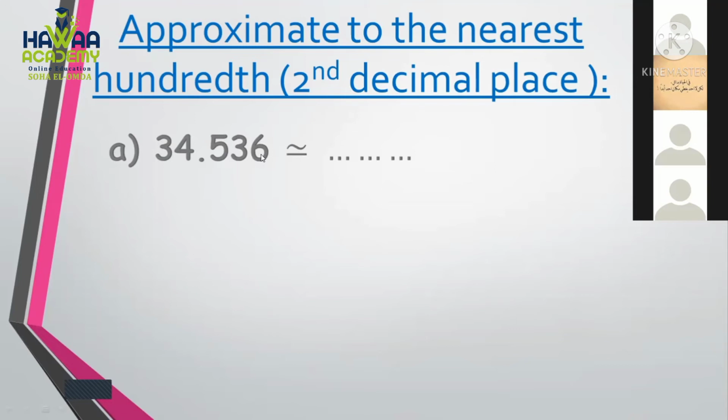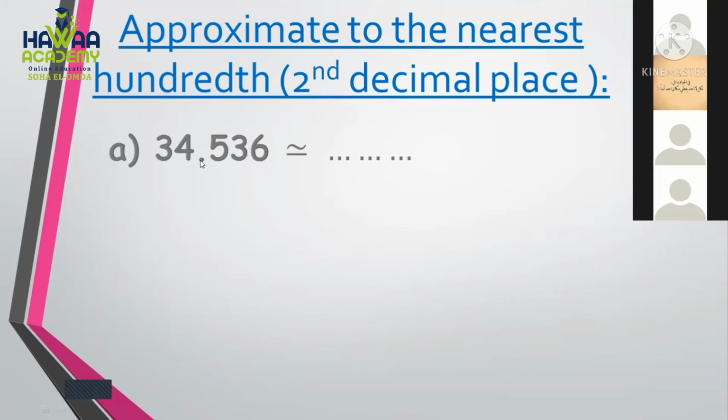The place value of the 6 is? Thousandths. Excellent. Now, again, I am going to point to the numbers randomly. The place value of the 3 is? Hundredths. Super. The place value of this 3 is? Tens. Super. The place value of the 6 is? Thousandths.